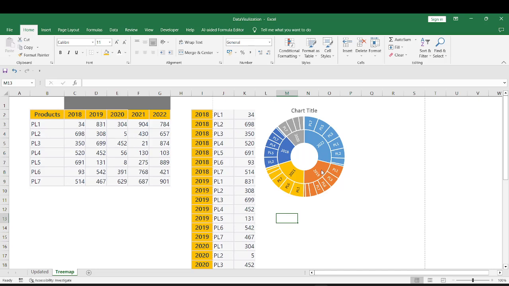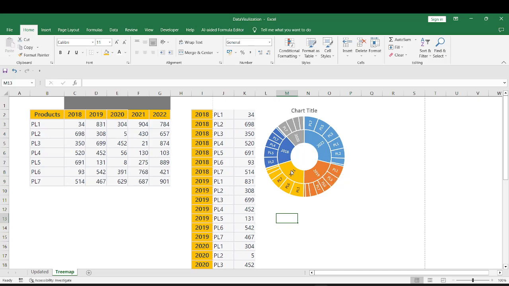We have years in the inner circle and we have the products in the outer circle with their values. Although the values are not shown and only the product names are shown here, this is representing its values. From the inner circle, we see that 2022 has the highest area coverage here, and this looks pretty big compared to any other year.